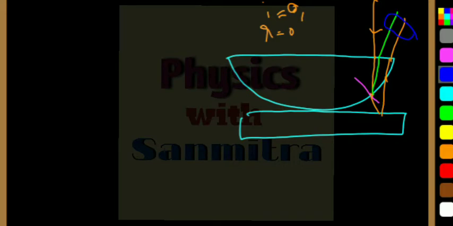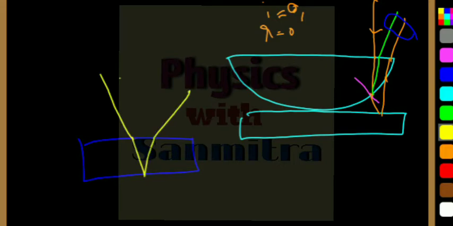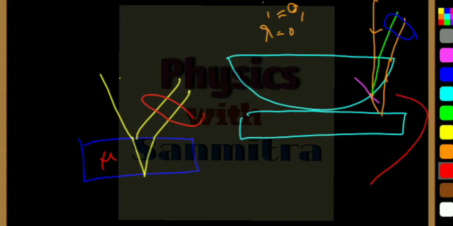That is almost the same as the thin film interference which we studied earlier. And in thin film interference there was mu, the refractive index of the film, but here this is air, so my mu will be 1. I think this much is clear.